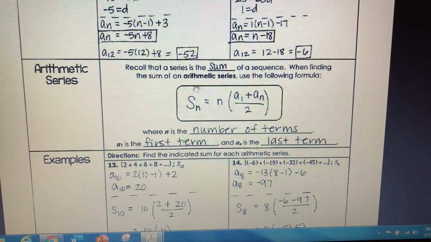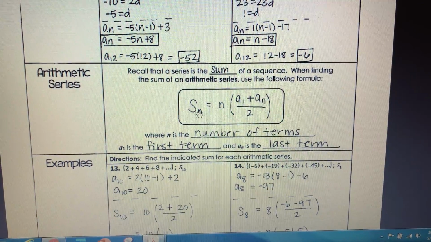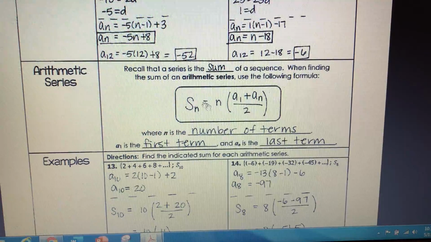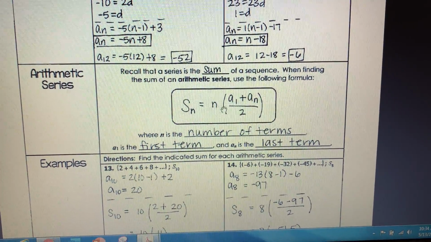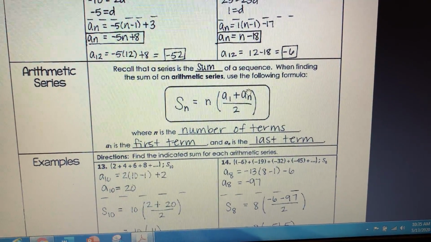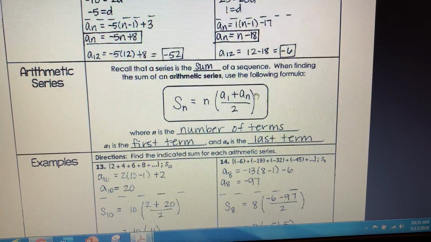And so the total sum is going to equal n times. So like if you're looking for the sum of the first 10 terms, S sub 10 would equal 10, because n would be 10, 10 times the first term, A sub 1 is the first term, plus A sub n. So whatever term you're landing on, in this case would be the 10th term.